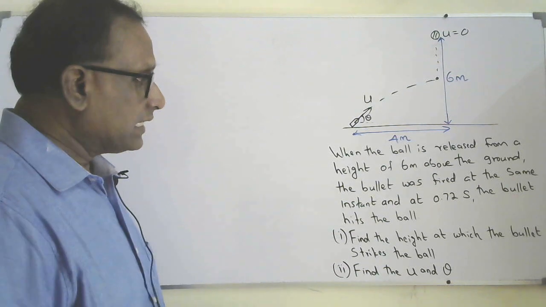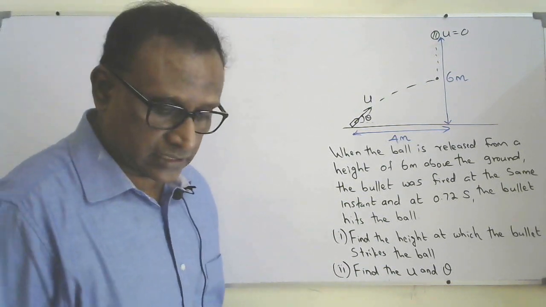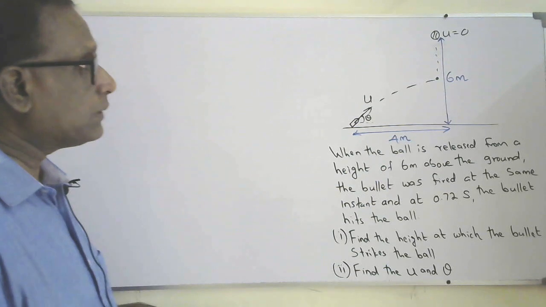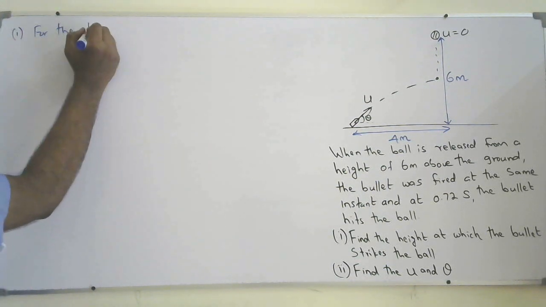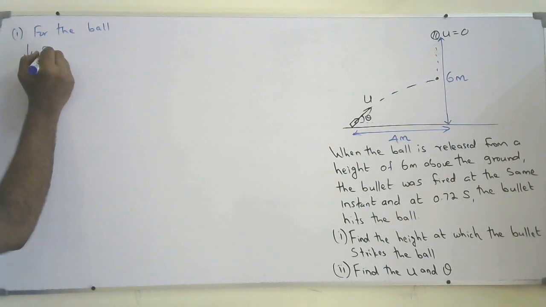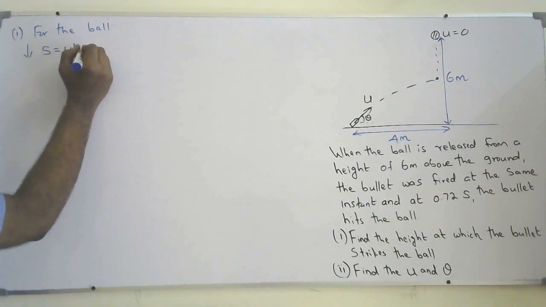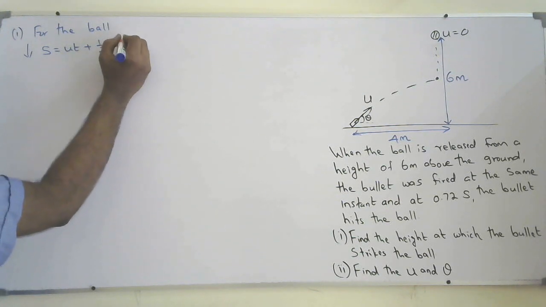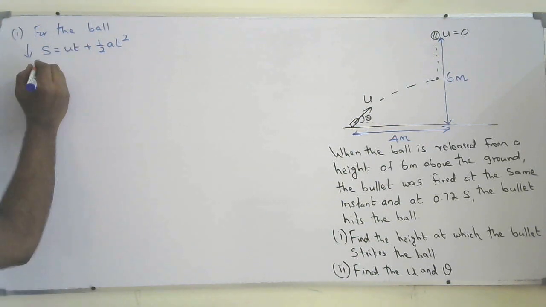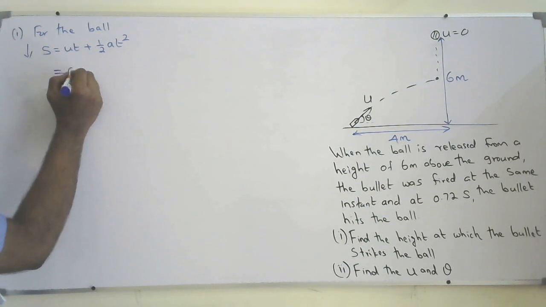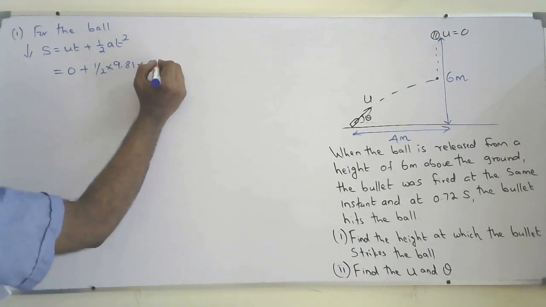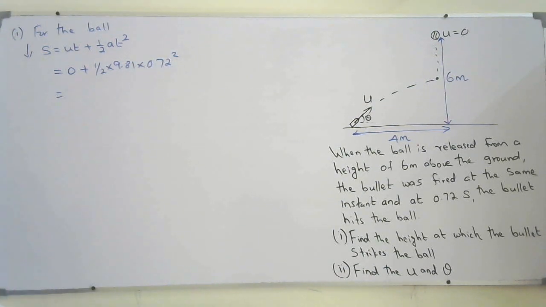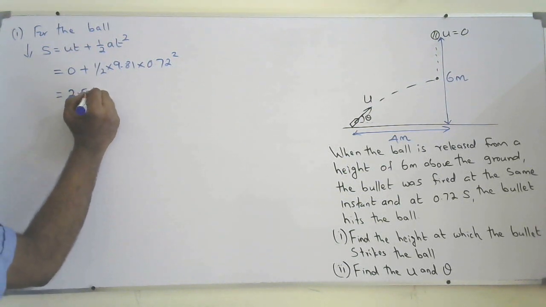First part, find the height at which the bullet strikes the ball. So I can find the vertical displacement of the ball first. Downwards, I can use s equals ut plus half at squared. So the height it has fallen: initial velocity is 0, plus half into 9.81 into 0.72 squared, which is equal to 2.54 meters.